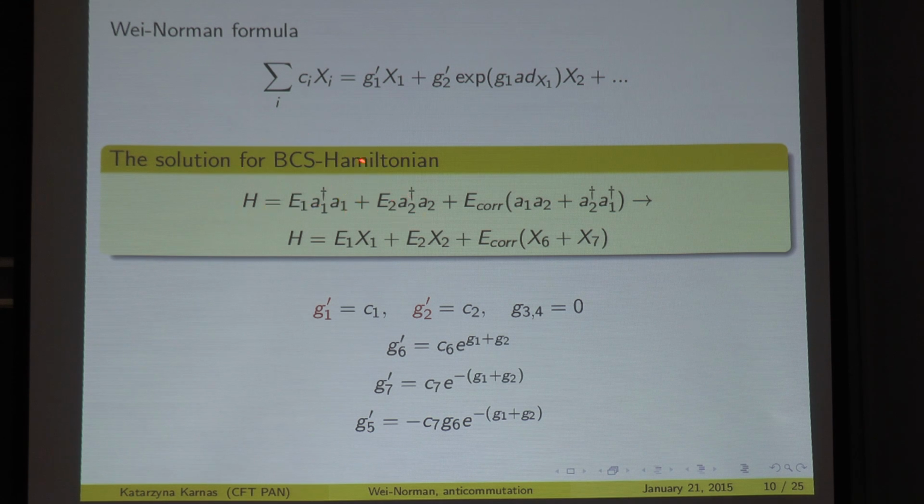For example, if we apply this method for the BCS Hamiltonian, which is slightly easier, this is, in a very funny way, written what some people will call a Bogoliubov diagonalization of this Hamiltonian, or I will call it a Valatin transformation, because it was done before Bogoliubov.